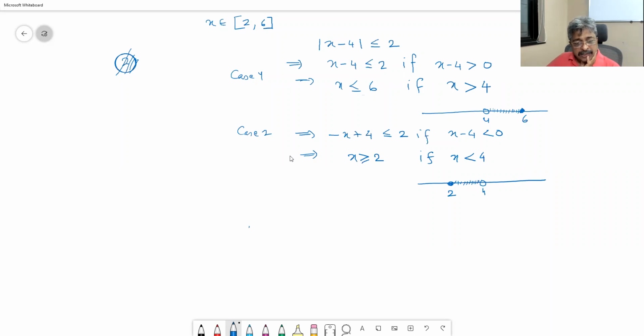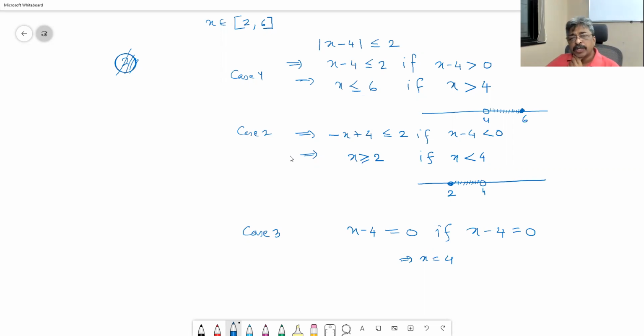And case 3, x minus 4 is equal to 0. What should I do? I should take the case of 0 now. If x minus 4 is equal to 0, that implies x is equal to 4.